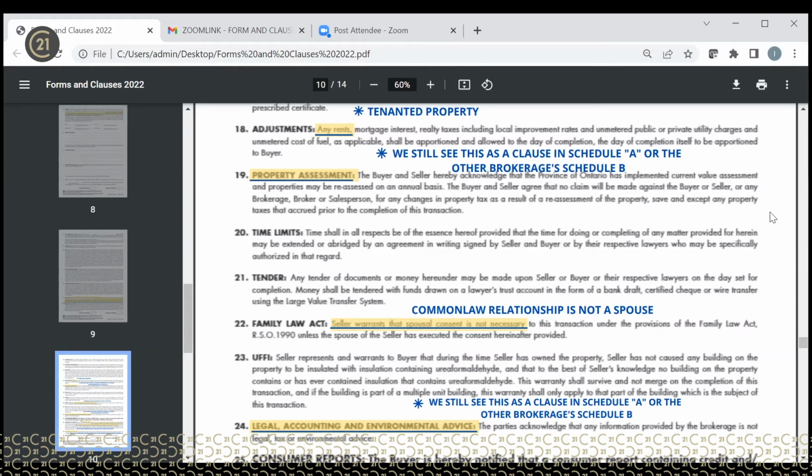It can cause uncertainty and can cause a problem if both clauses are not worded exactly the same. So it's already in there. You don't need it again. It's about properties being reassessed either on an annual basis or however often they're done.